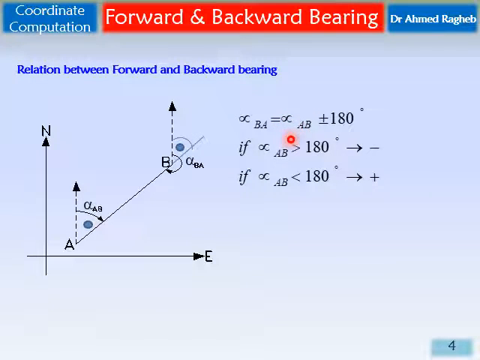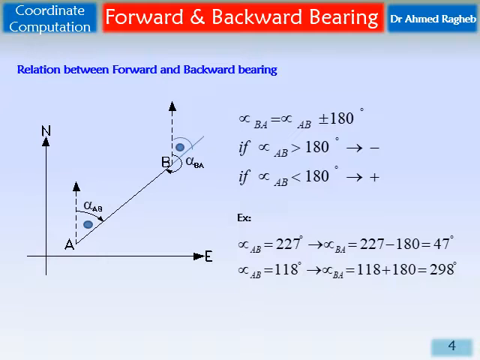So you're going to subtract 360 degrees, so you will get 20. It will be the same value if you used the minus sign, so it's 200 minus 180 equals 20. So the relation always between the forward bearing and the backward bearing for any line is 180 degrees, positive or negative.